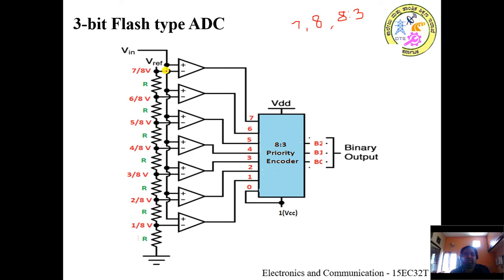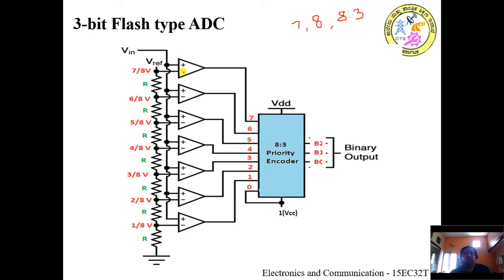As you can see from the figure here, there are totally 8 resistors and 7 nodes are taken, and the voltages at these 7 nodes will serve as the reference voltages for the comparators, and they are provided as input at the inverting terminal of the comparators.